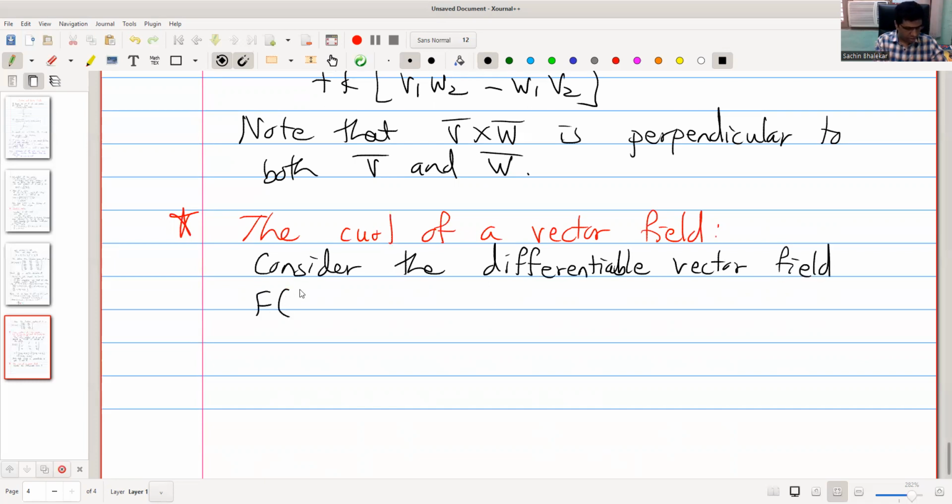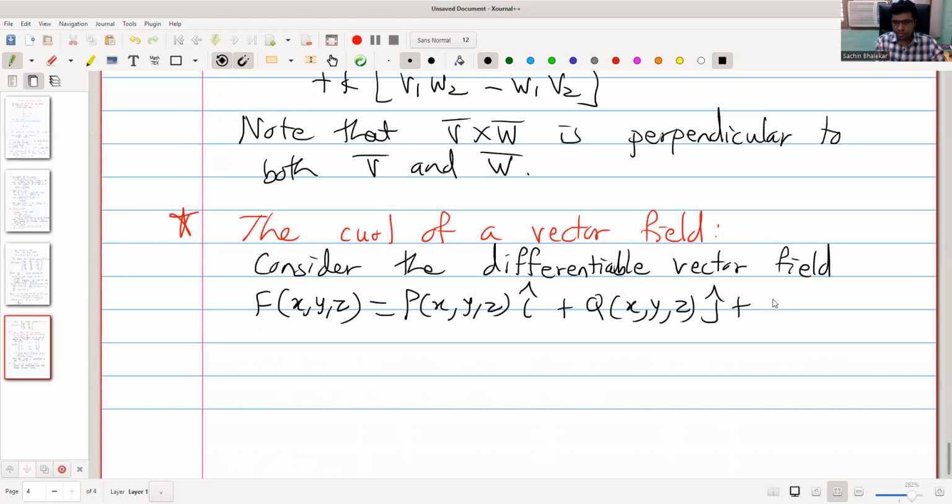F of x, y, z equal to, its coordinate functions are p, q, and r. P of x, y, z into i hat plus q of x, y, z into j hat plus r of x, y, z into k hat.